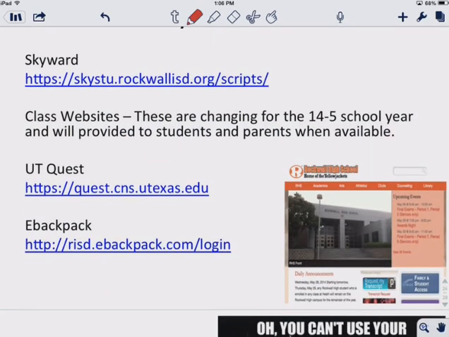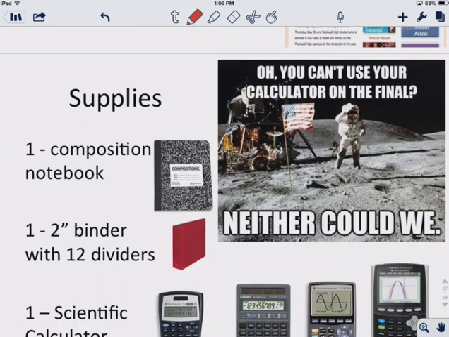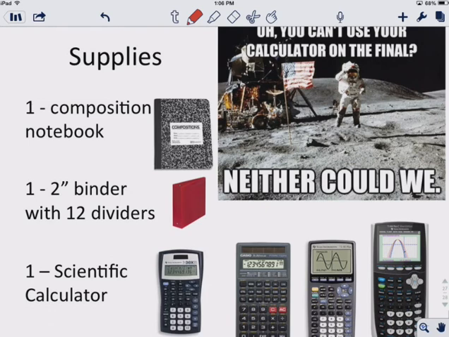Some key websites for you guys: Skyward. Our class websites are currently being updated, so you will be provided with those links as soon as we are able to get them. UTQuest, as well as eBackpack. Supplies in this class. I'm going to need a composition notebook.